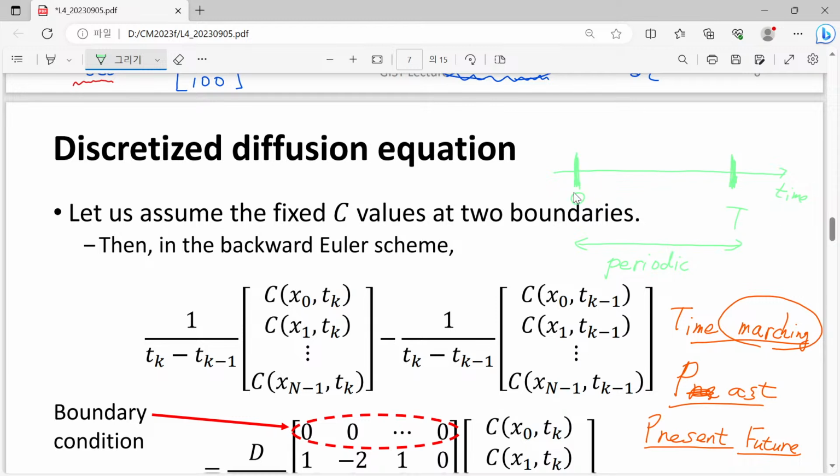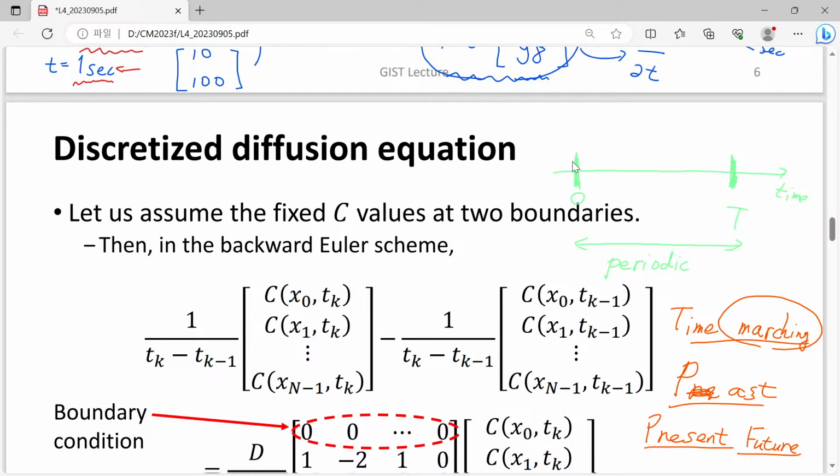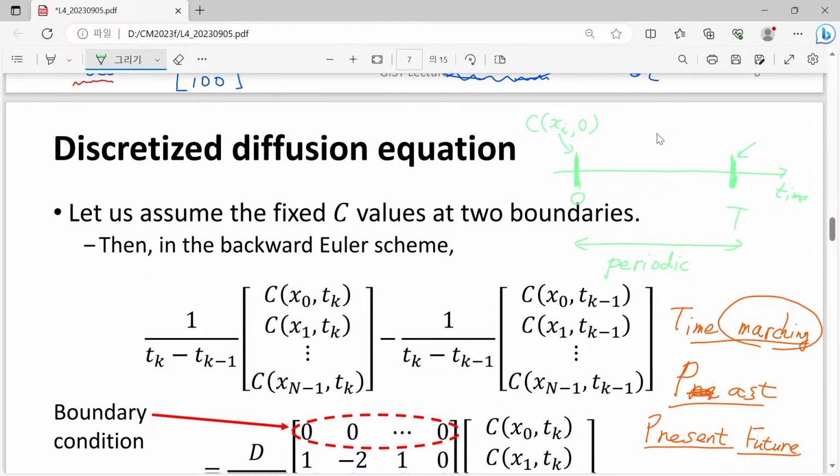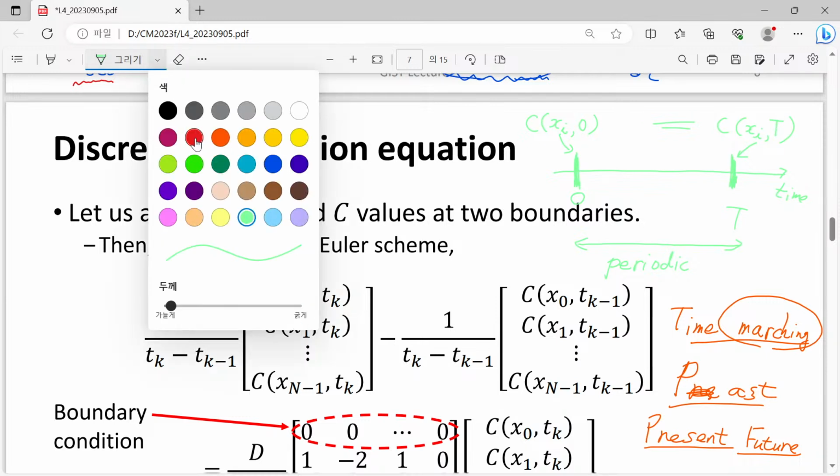In this case, our time boundary condition requires that the initial and the last time have the same quantity: C at time 0 should be the same as C at time T. Maybe it would be very difficult to calculate a solution satisfying this periodic boundary condition.